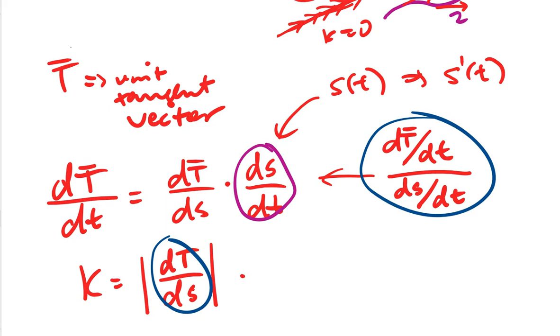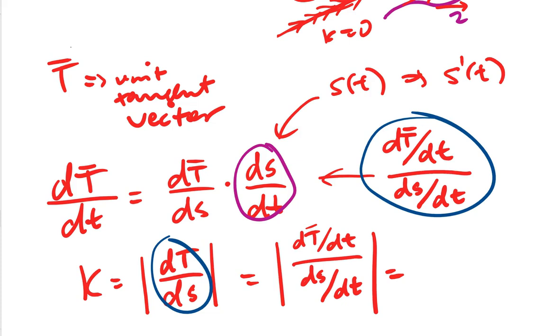So we get the magnitude of dT with respect to dt over ds/dt, and then the dt's cancel, but we wouldn't want that to happen because then we would just get back to that.